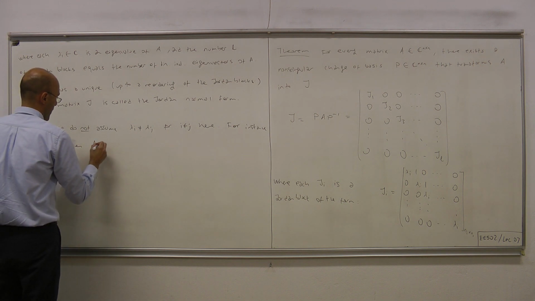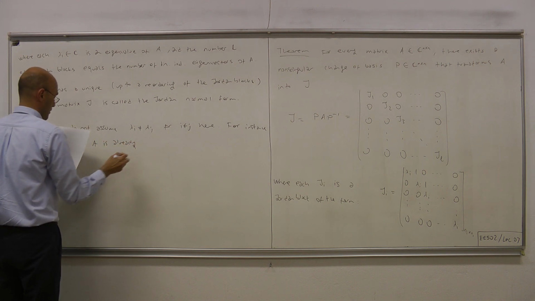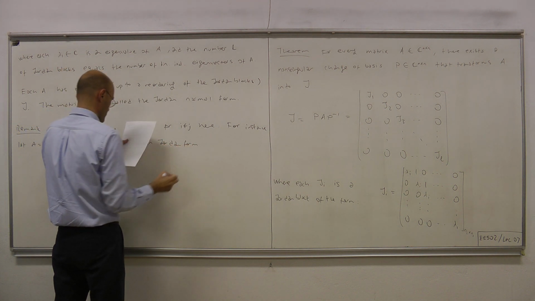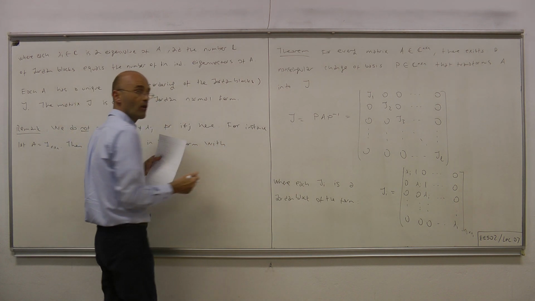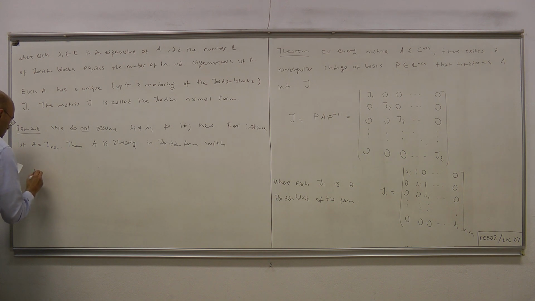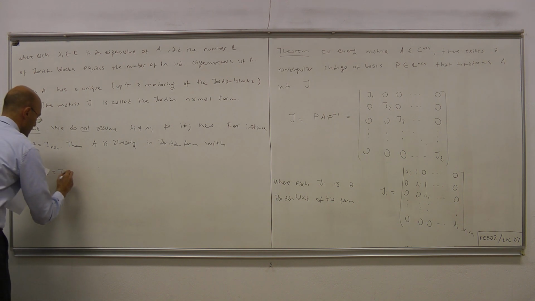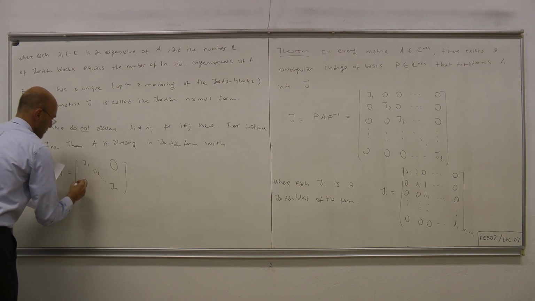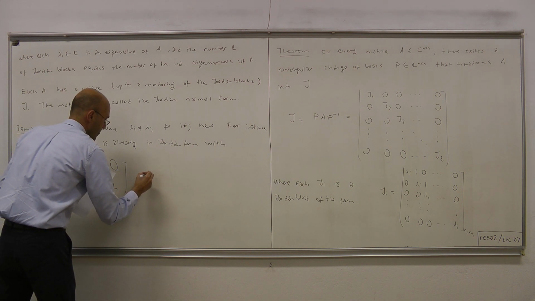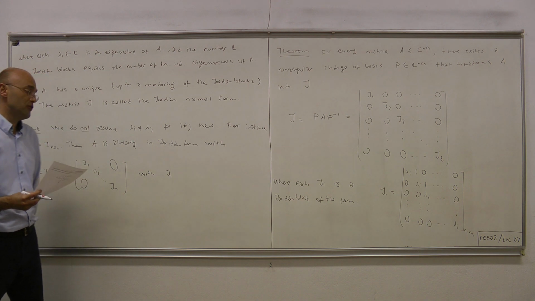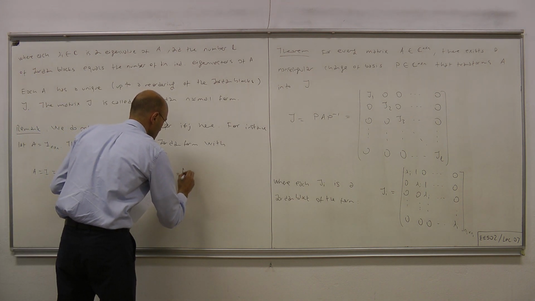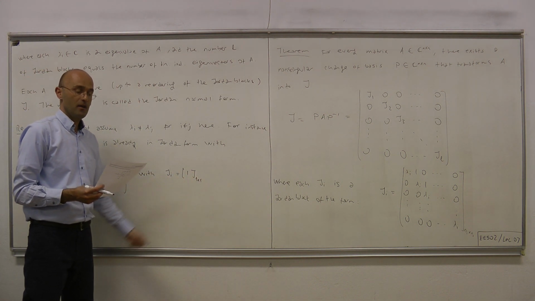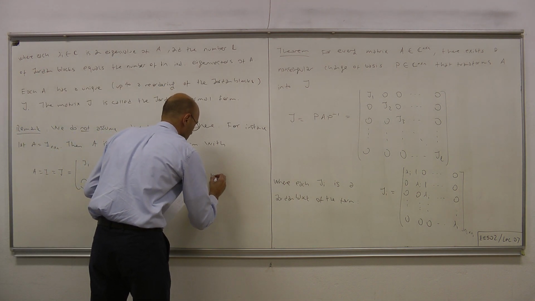Then A equals I equals J, that equals J1, J2, up to Jn, with each Jordan block Ji being equal to this 1 by 1 block, in other words, a scalar which equals 1, for i equals 1, 2, up to n.